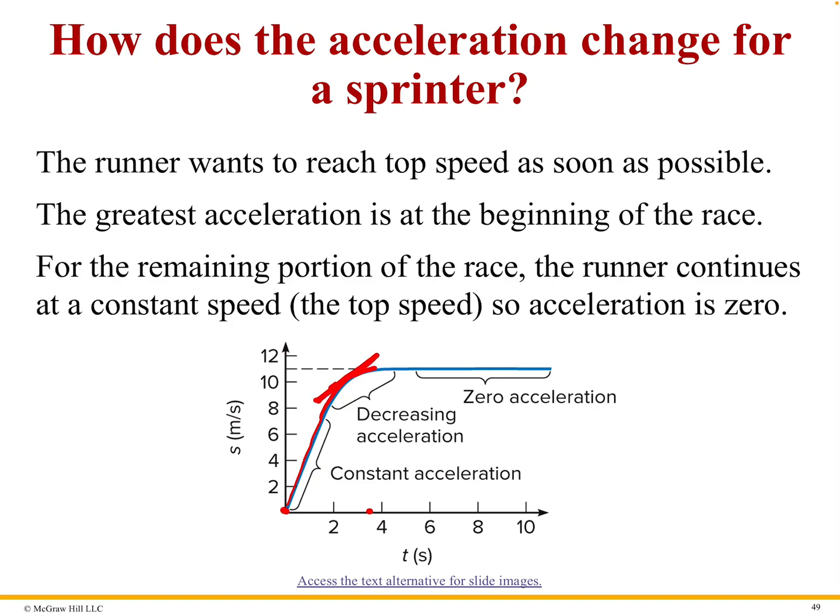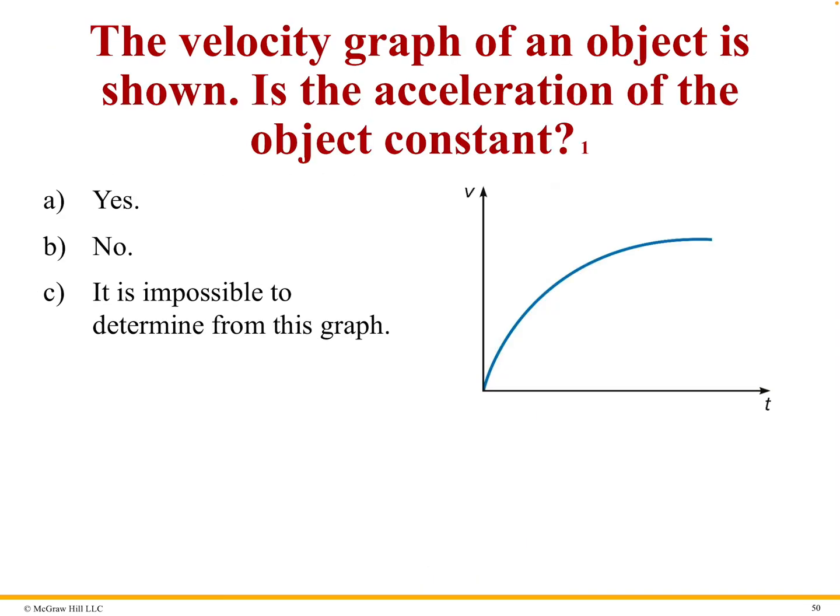Well, if you took a slope at that point right there versus this point right here, which one has the greater slope? Well, that one, right? That means at this point right here, it's starting to get slower. It's starting to decelerate. And then, of course, it's not accelerating right here. Does that mean that they're not moving? No, they're moving. They're just moving at a constant speed at that point.